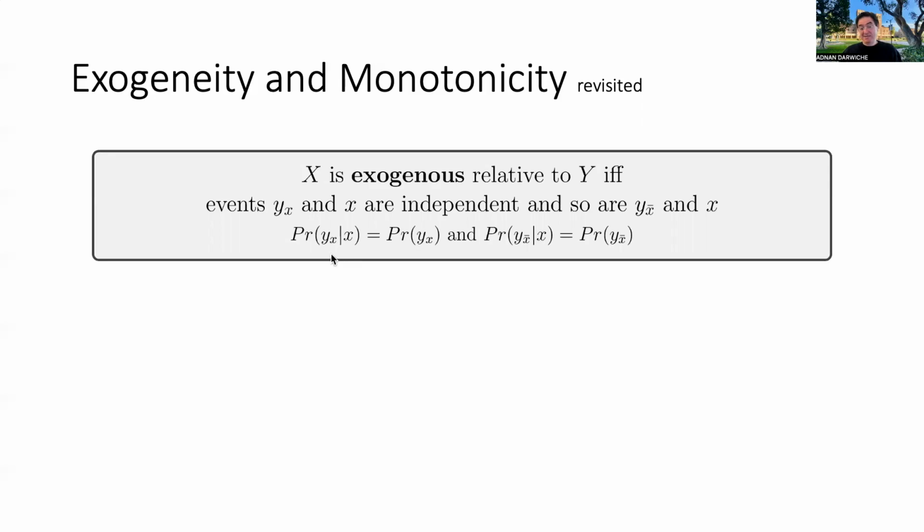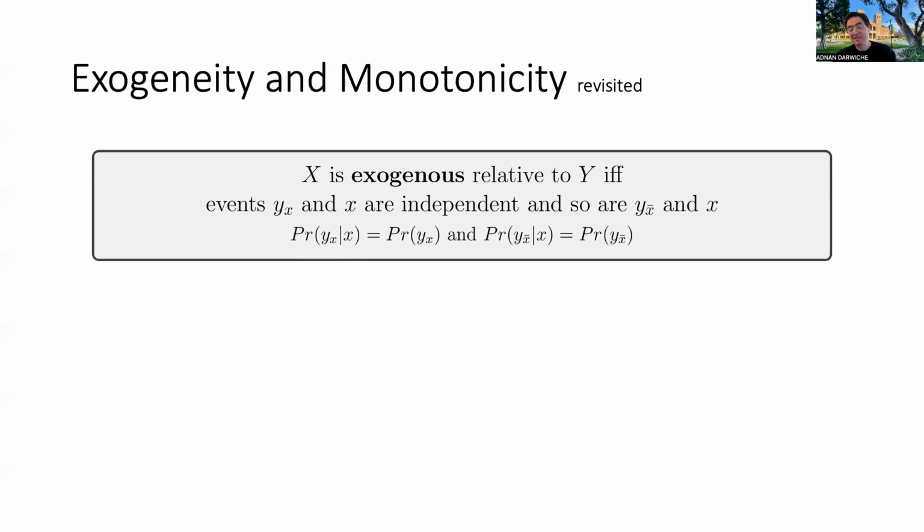What does that mean? We can write it now. Probability of this given that is the same as that. Probability of this given that is the same as that. This is meaningful. This is one of the conditions people use to state results in practice, and we're going to see examples of those later.